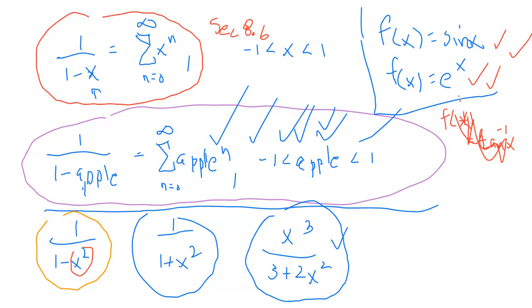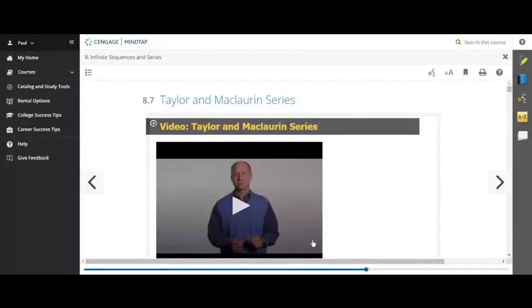So what if we could find a general way to find a power series for any continuous differentiable function? Well, that's what section 8.7 is about, and section 8.7 deals with what are called Taylor and Maclaurin series.